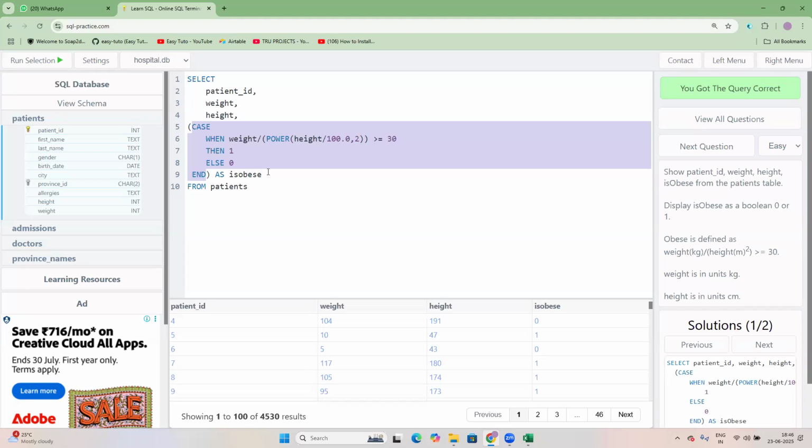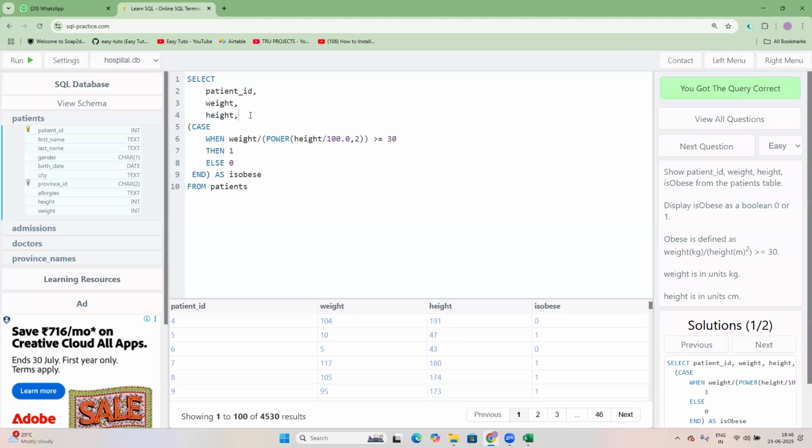My doubt is in line number 6, where you have written height divided by 100.0. What will happen if we remove that point 0? Can you run without the point 0? For that, you will have to understand what is height divided by 100.